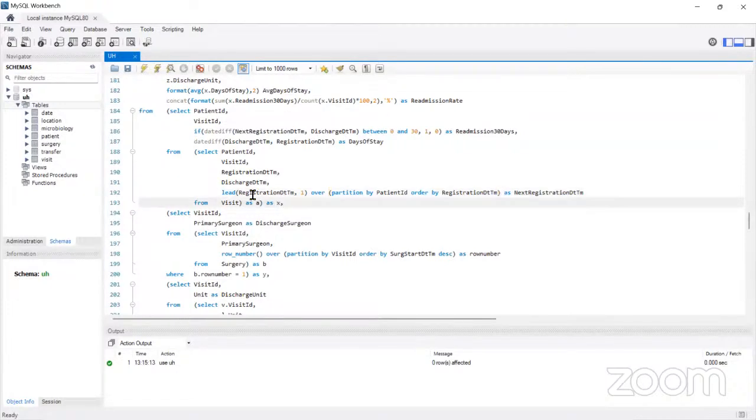So now we want to find the registration date time of the next visit and put it beside the current visit. How did we do it? We use lead, right? Remember lead and lag? Lead is one before, right? And lag is one after, right?